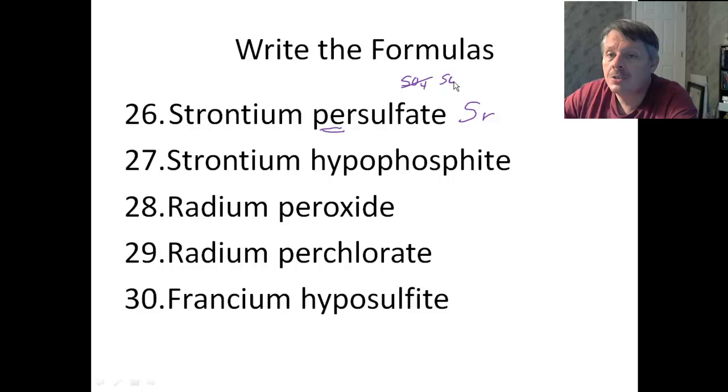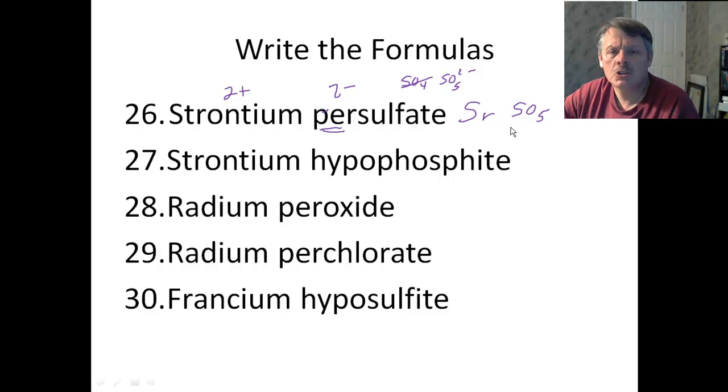So this is SO5. It still has a 2 minus charge. And strontium is an alkaline earth metal, so it has a 2 plus charge. So I'm done. It's SrSO5. I don't need to add any more subscripts.